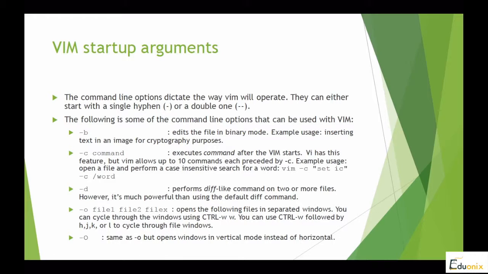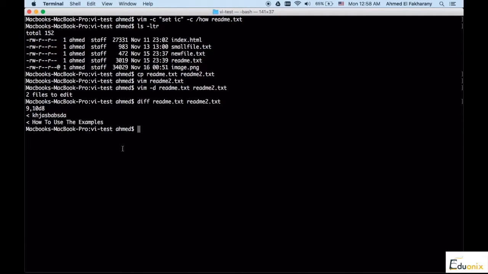The next thing to note is -o, and -o makes Vim open a number of files in different windows. So for example, maybe you want to open two files at the same time and edit both of them at the same time. Let's see an example of this.